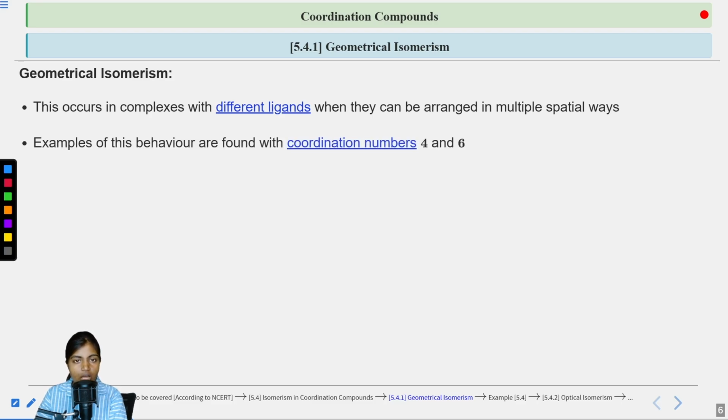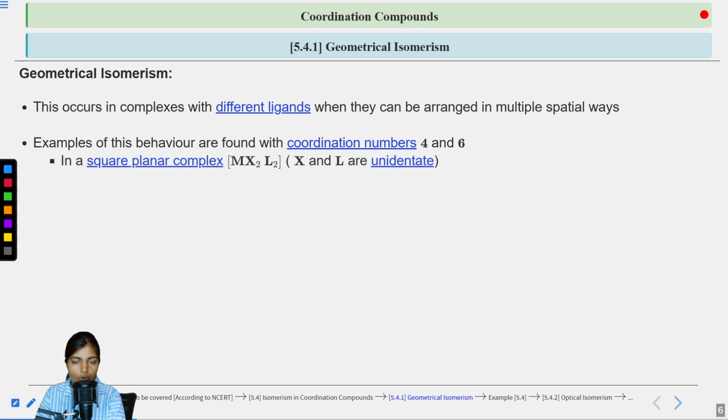Examples of this behavior are found with the coordination numbers 4 and 6. So in complexes having coordination number 4 and coordination number 6, we see this geometrical isomerism.